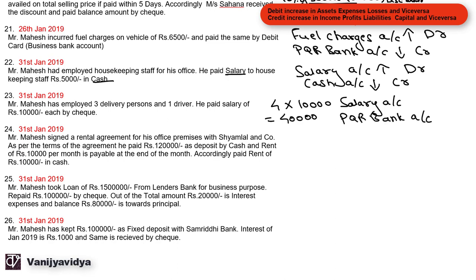Now salary account is an expense. There is an increase in the expense, so we have to debit. PQR bank account is our asset account. Since we are paying the amount, the balance in the PQR is going down, so we have to credit. So entry is salary account debit 40,000 to PQR bank account 40,000.